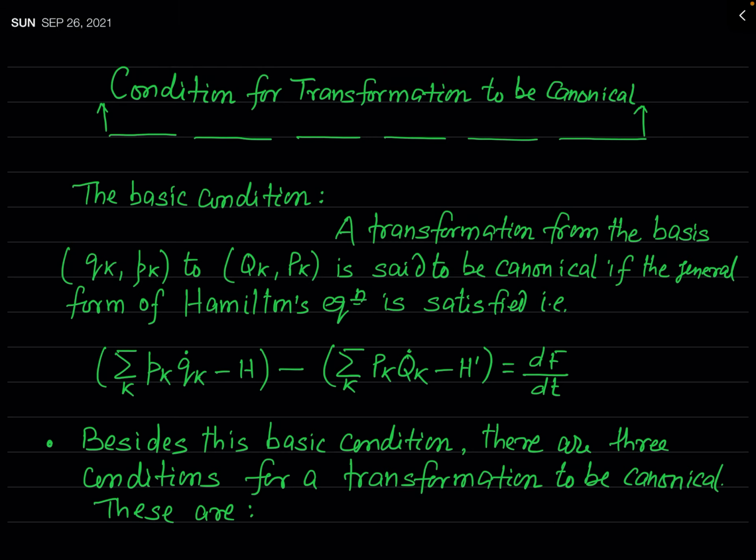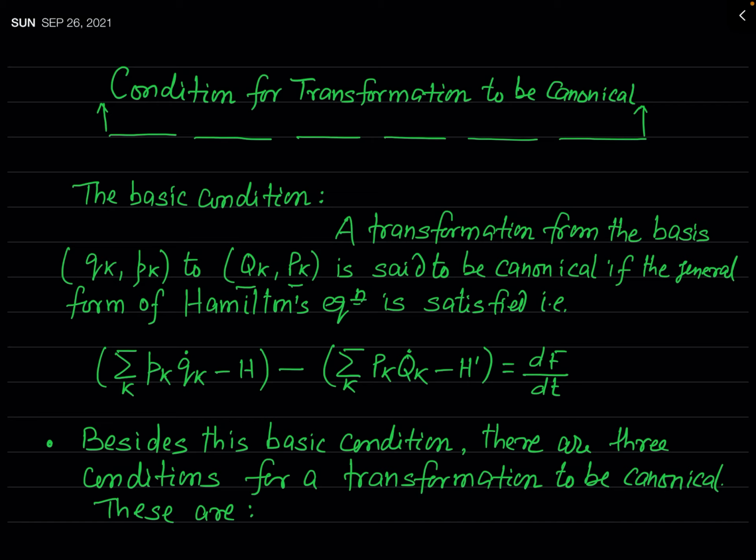In fact, in the previous lecture, we have already discussed the basic condition for a transformation from the basis qk, pk, where a small qk and a small pk denote the position and momentum coordinate in old coordinate system, to the qk pk set, where this capital Qk and capital Pk denote the new position and momentum coordinate system.